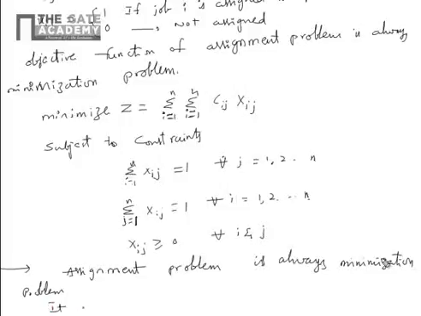And another thing is it is always a square matrix: the number of rows is equal to the number of columns.